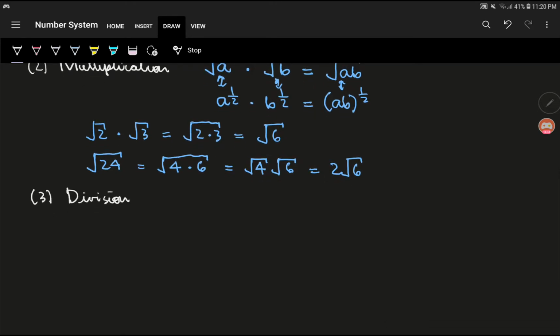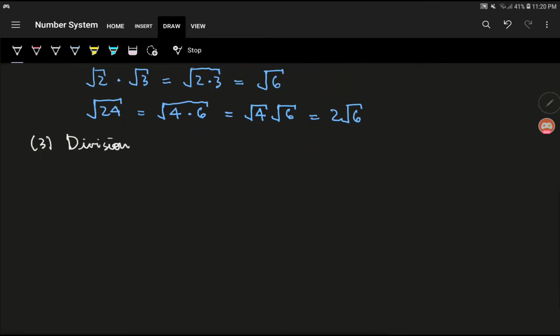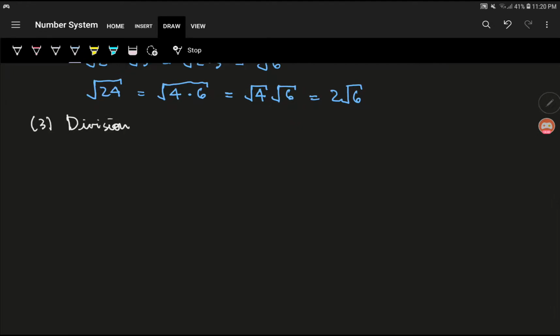But now we don't write it in the form of indices, we write it in the form of surds. So for division, let's say we have two surds, surd A over surd B. We can rewrite it in terms of only one surd, so surd A over B.